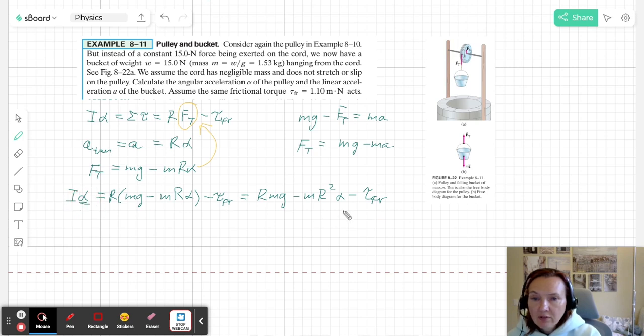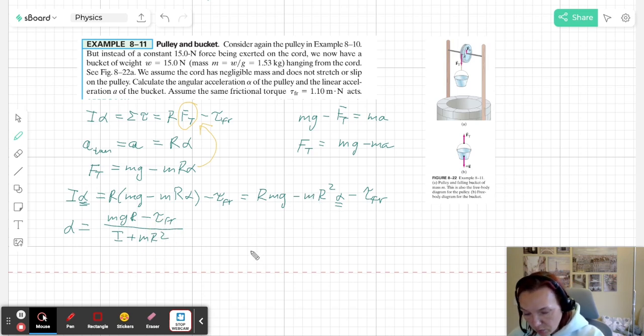We have alpha on the left side of this equation and on the right side. So when we solve for alpha, we will get mgr minus the frictional torque over I plus mr squared, because you would have to add this part to the left side, so that's why you will have a plus. All right, and then from here we just plug in our numbers.